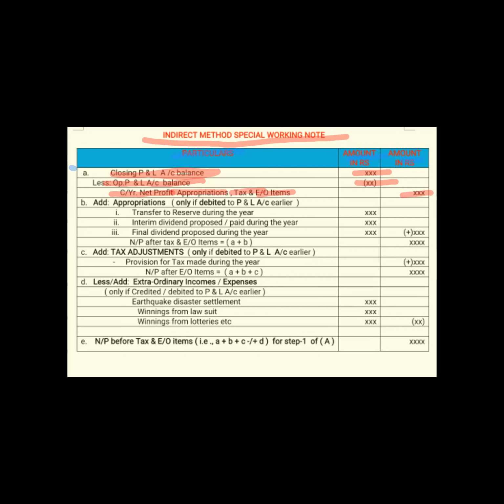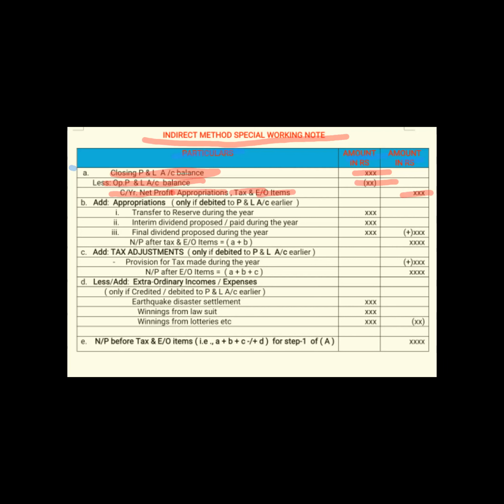This is step 1 in the indirect method. To know cash flow from operating activities, the first step is to know net profit before tax and extraordinary items.